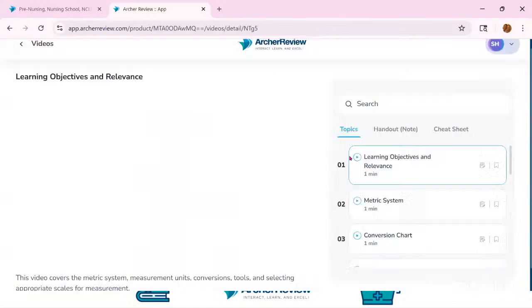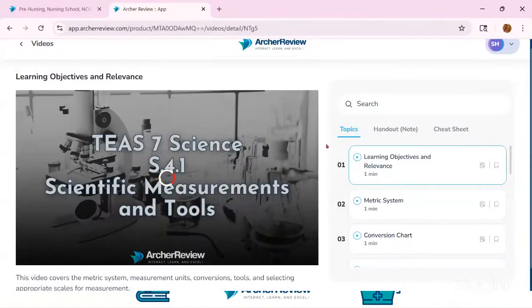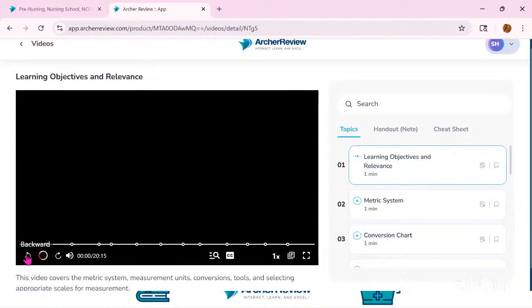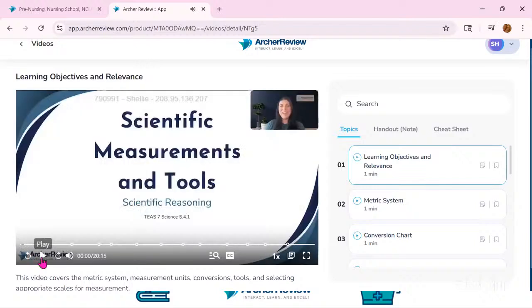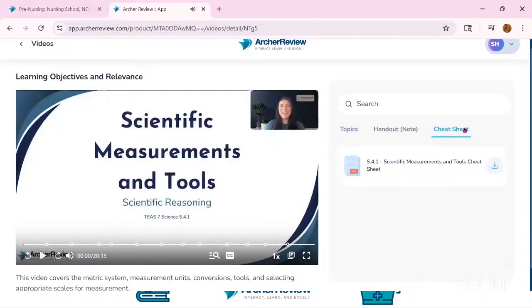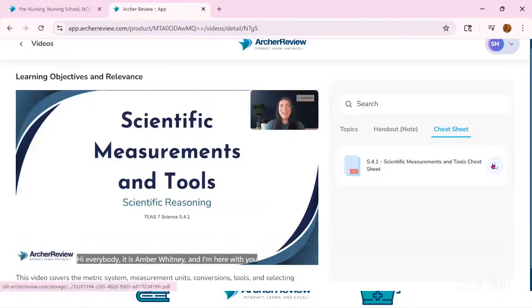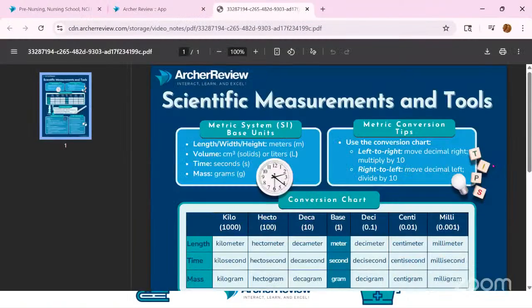But the other thing that I wanted to show you about these is what you get with them. Not only do you get the video, which is packed full of all the stuff that you need to know for the TEAS, but you also get cheat sheets, and they are spectacular. I love our cheat sheets. They're beautiful. Look at how pretty that is. And they're full of the key ideas.